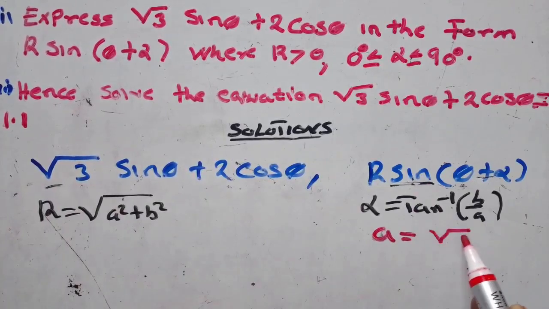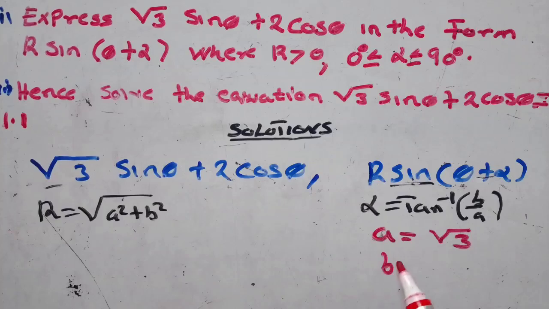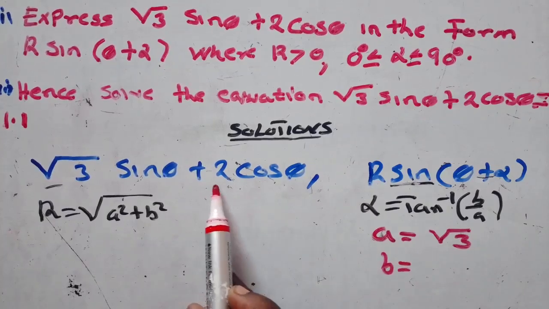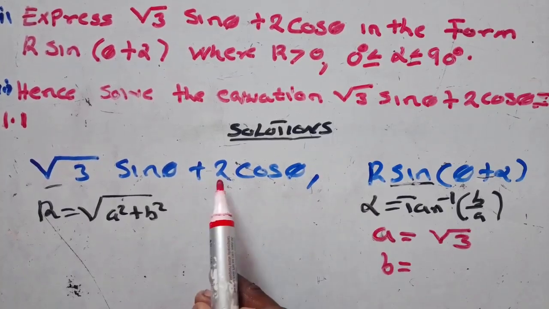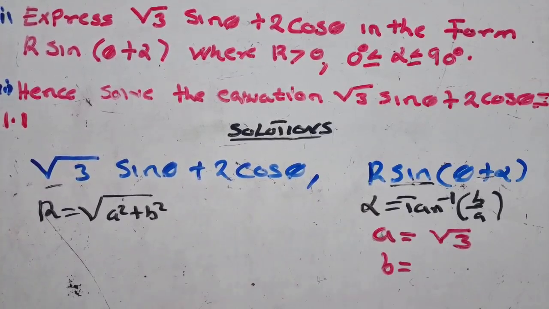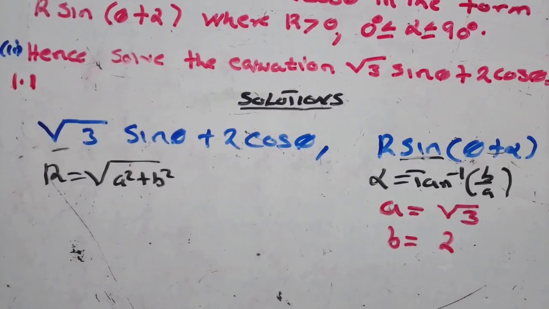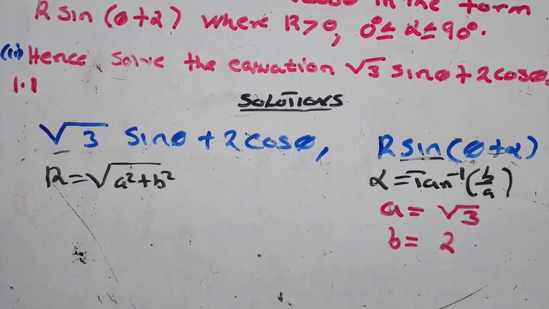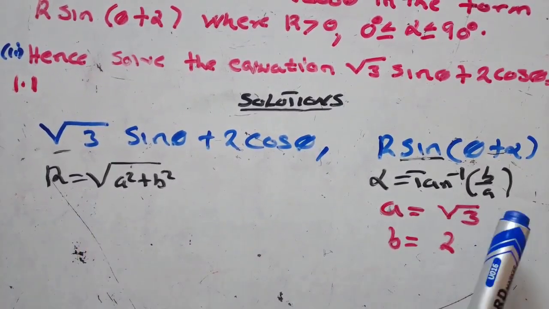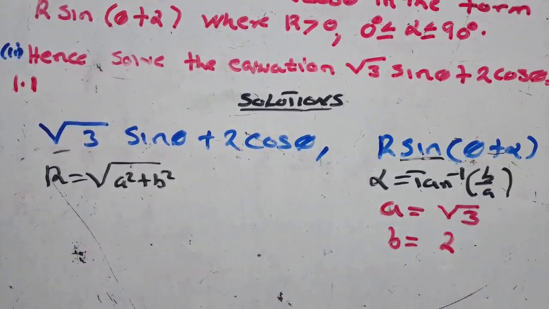And our b is the one which has remained, the coefficient of cos, which is 2. So we have stated our a and our b. Having stated this, you can now proceed into finding your r and your acute. It's up to you. If you want, you can begin by finding your r, or your acute.